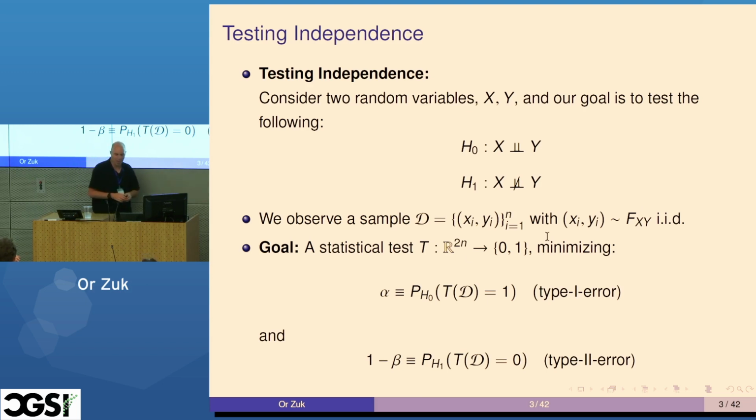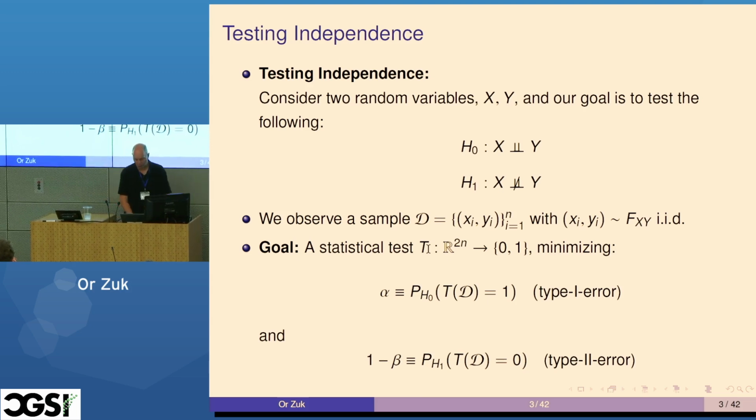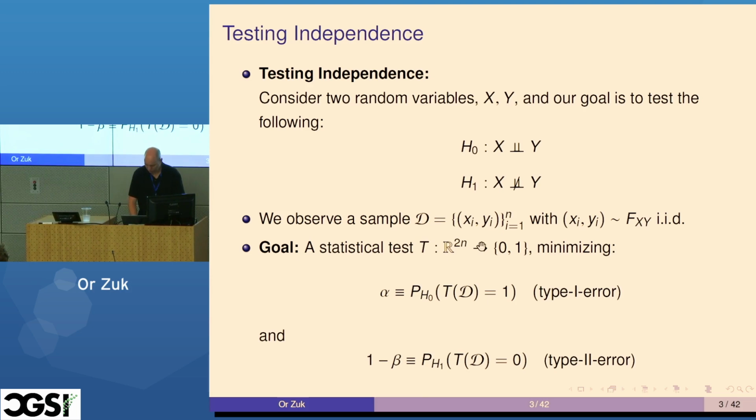So how are we going to do that? We have a test statistic, t, which is a function of our sample. We then convert this test statistic to a binary variable, either 0 or 1, that signifies whether I'm going to reject the null hypothesis if t is 1, and accept the null hypothesis if t is 0.